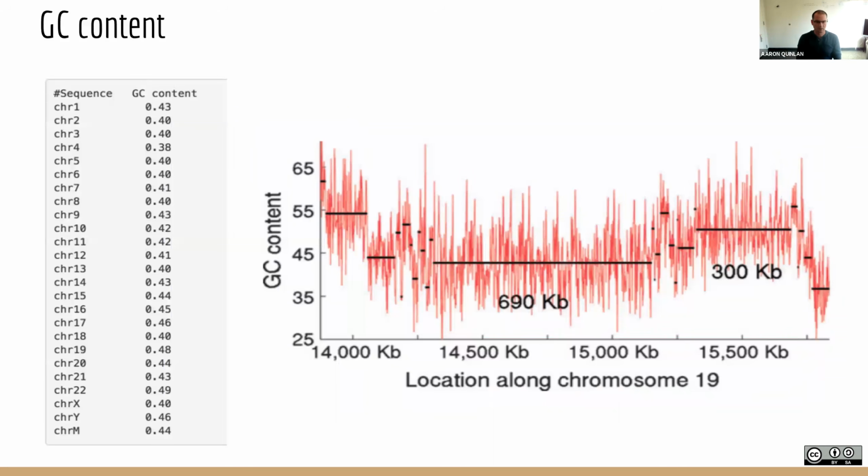Okay, so another thing that we may want to do is track GC content, or to actually measure the GC content along every single chromosome. And if you've ever designed PCR primers or guide RNAs for CRISPR-Cas9 experiments, you know that GC content matters.